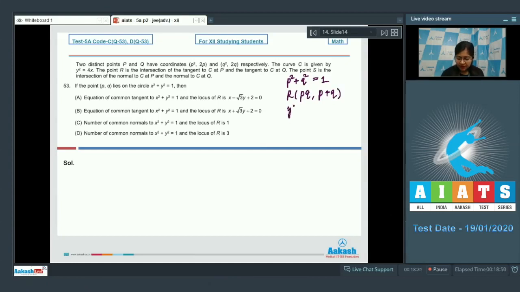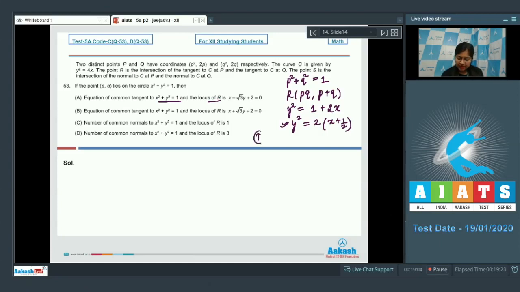So if we find y square, the y coordinate of point R, this is p plus q whole square, that is p square plus q square plus 2 times pq, that is x coordinate. So this is the locus of R, that is y square equal to 2 into x plus 1 by 2. This is the locus of R. So option A says equation of common tangent to this circle and the locus of R is.